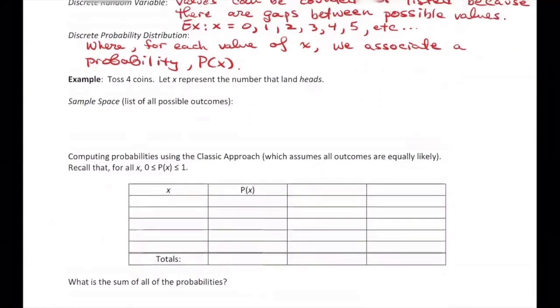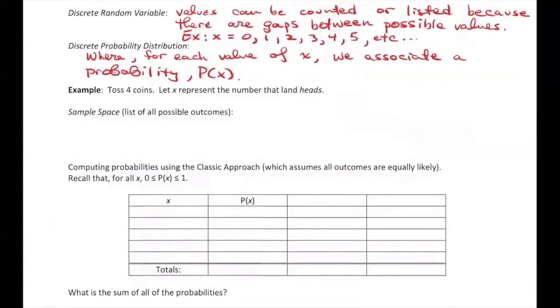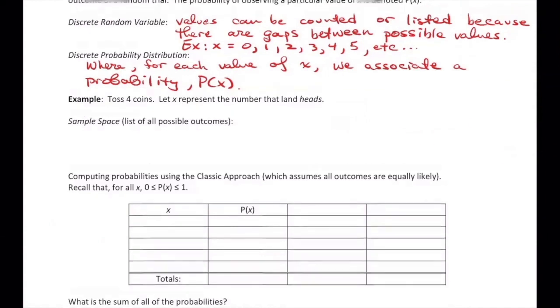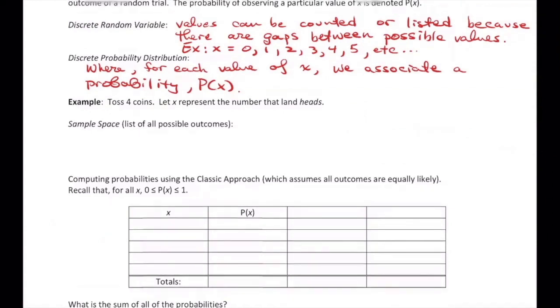There's a couple other columns that we'll fill in later, but we're just going to build a probability distribution. Again, a probability distribution is where you associate to each value of the variable a probability.